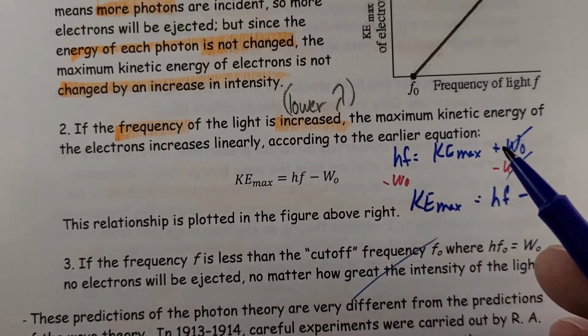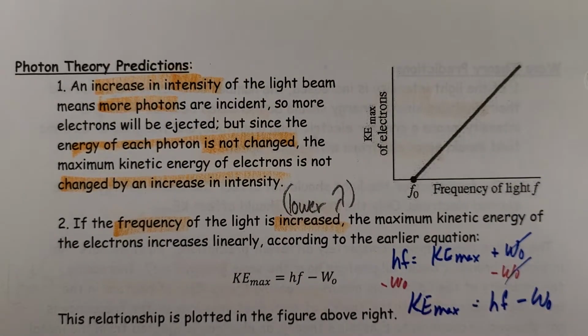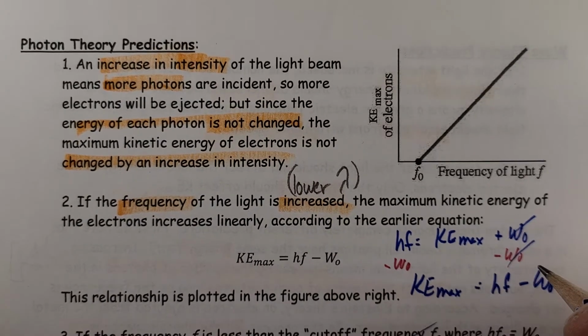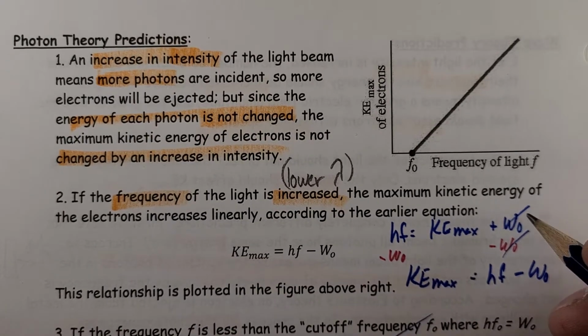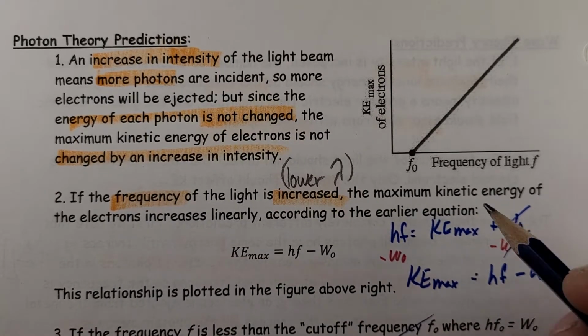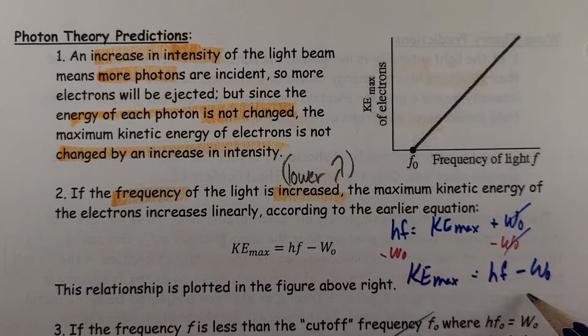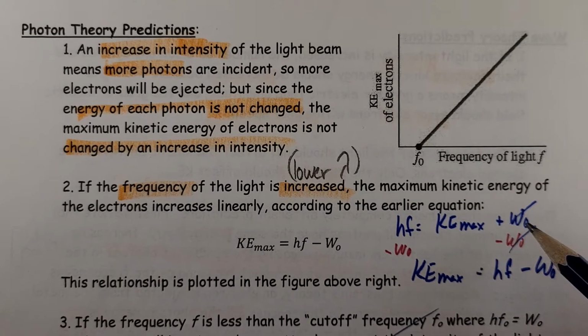Now the next little simulation you're going to do is actually a little lab in which you're going to figure out Planck's constant, because if I take a look here, this is really the same thing as a straight line.